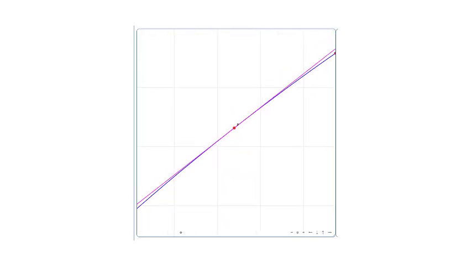So this tangent line sort of linearizes the curve on a really small region around the point in question. And so that is one way that we can look at tangent lines: the slope of curves. That's going to be our approach here.